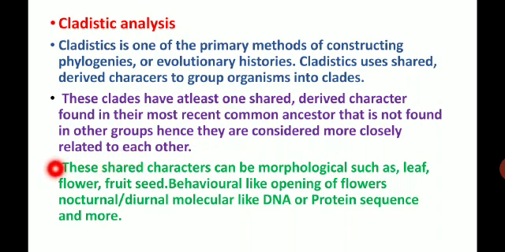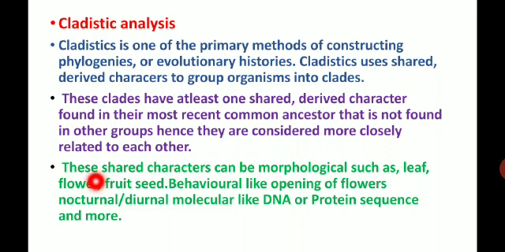The next one is that these shared characters can be morphological, such as leaf, flower, fruit, and seeds. Then the behavioral, like opening of flowers. The opening of flowers has two types.